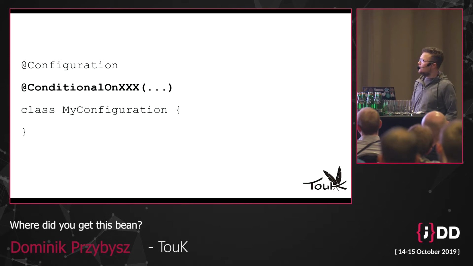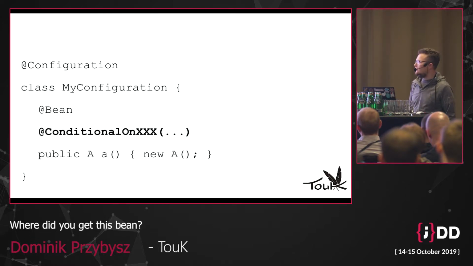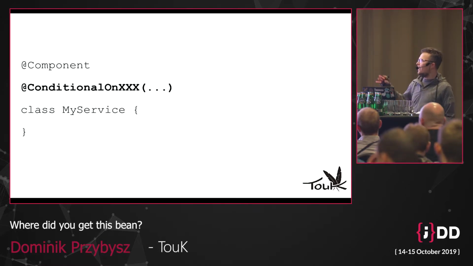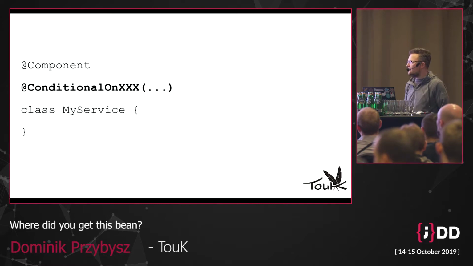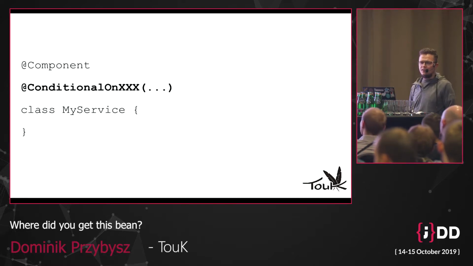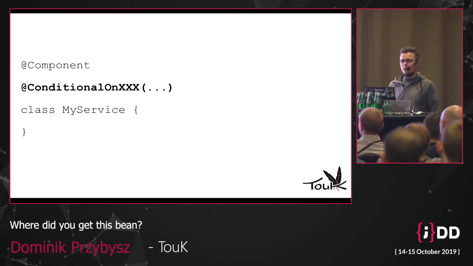Conditionals by convention look like this: we have a conditional on something, and we could put it on the configuration class or on a bean inside the configuration class. In some specific cases, we could put it on components or other beans, just on the class, but this is not very convenient, especially when we are not doing component scan in our application.